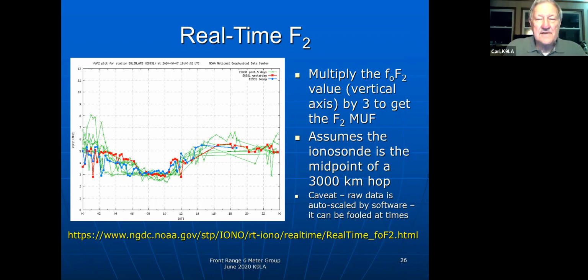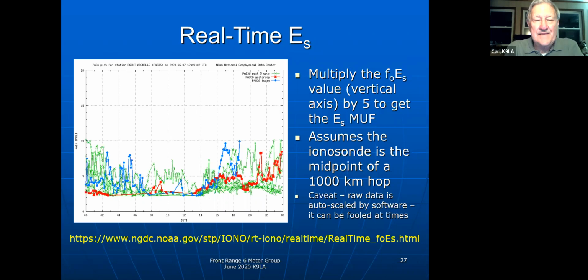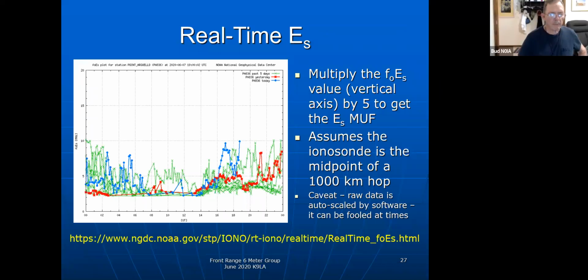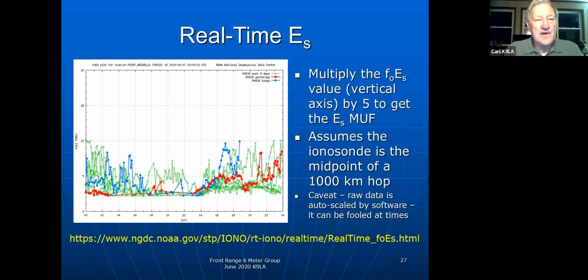And here's the real-time sporadic E data. Of course, it's going to be much spikier because sporadic E is sporadic, and again, it's just whatever the readings are. For example, this is Point Arguello, which is Vandenberg Air Force Base.